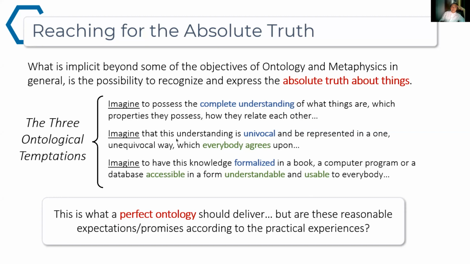You can imagine that this understanding is univocal, so everybody should agree on these things. You can imagine also that this knowledge is expressible, can be formalized, so that it can be made accessible to others in an understandable and usable form. So these are the three ontological temptations, and also ambitions, that lead people to work in this ontology field.